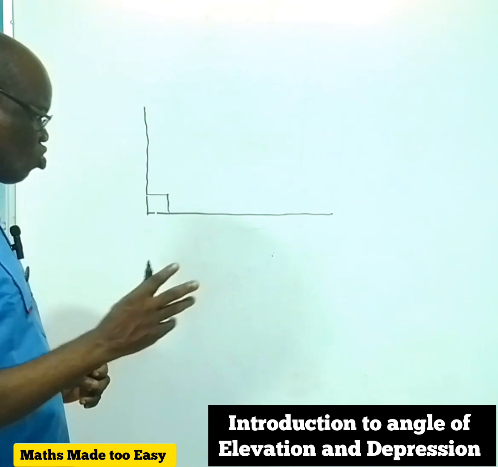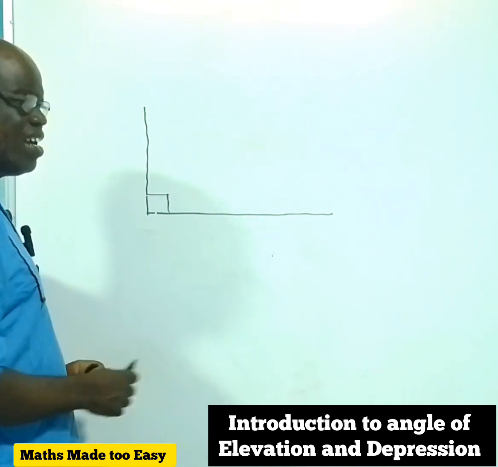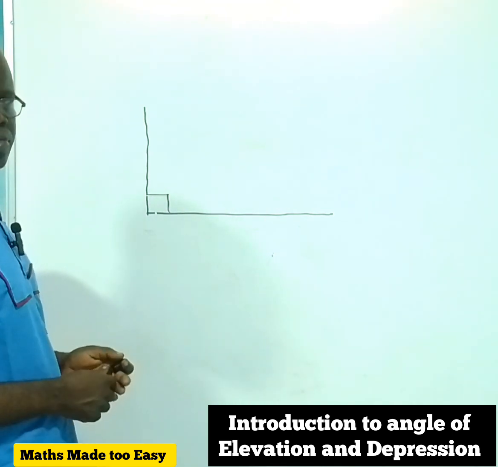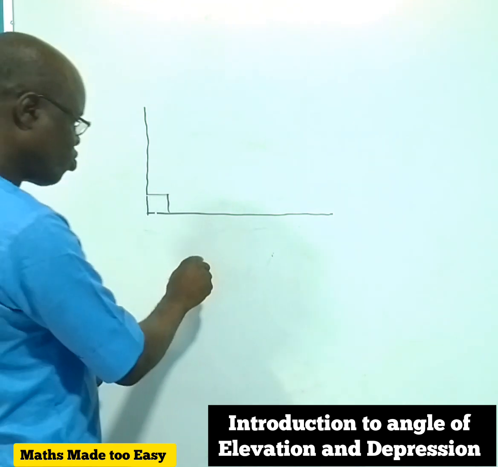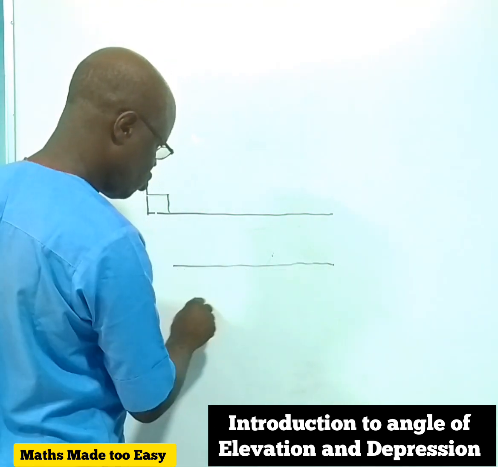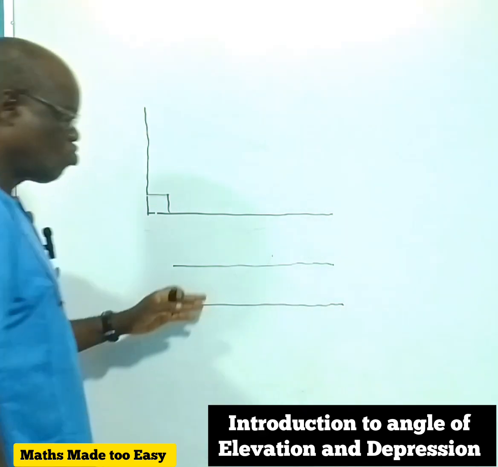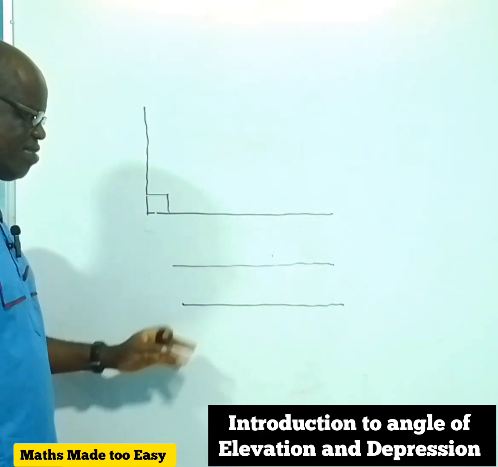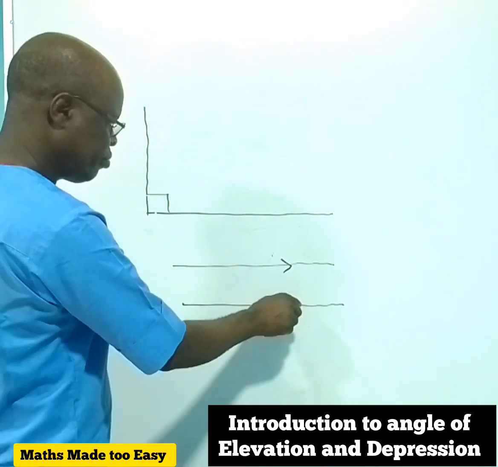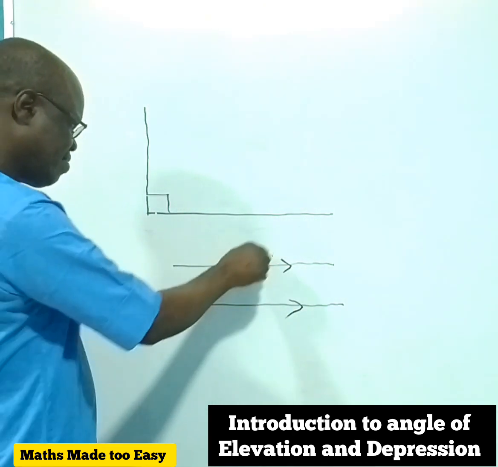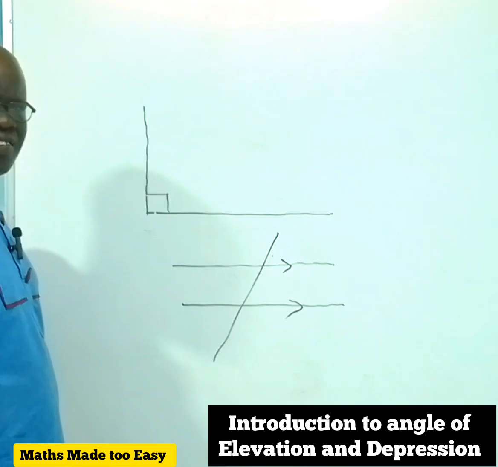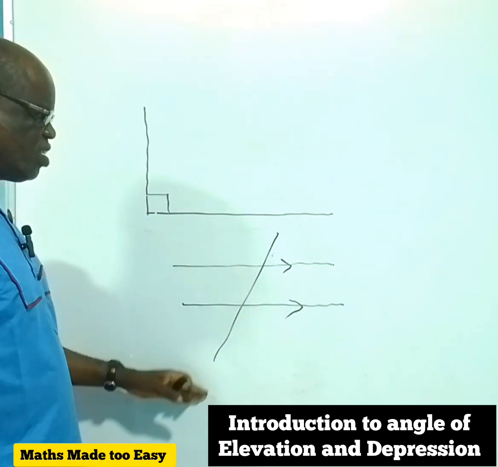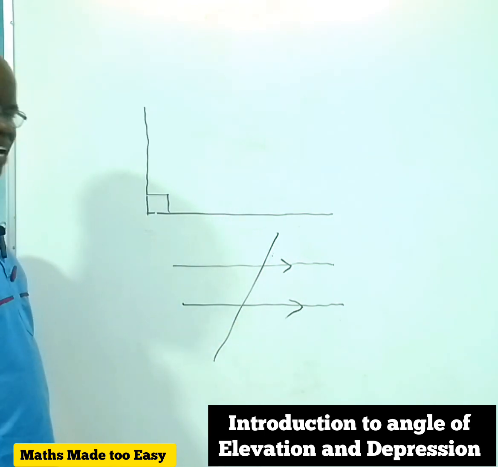Now the next thing we should note is what we mean by Z angle or alternate angle. Suppose you have two horizontal lines like this, or two parallel lines, and we have a transversal, that is a line that is crossing the two parallel lines.